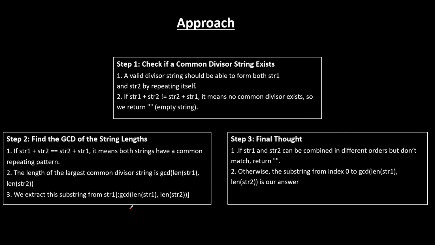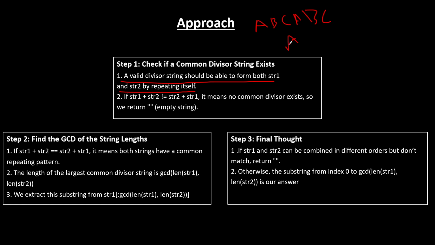Now let's understand the approach. First, we have to check whether a common divisor exists or not, right? A divisor string should be able to form both string 1 and string 2 by repeating itself. What I'm trying to say is, if we remember the example, string 1 was ABC and string 2 was ABC.